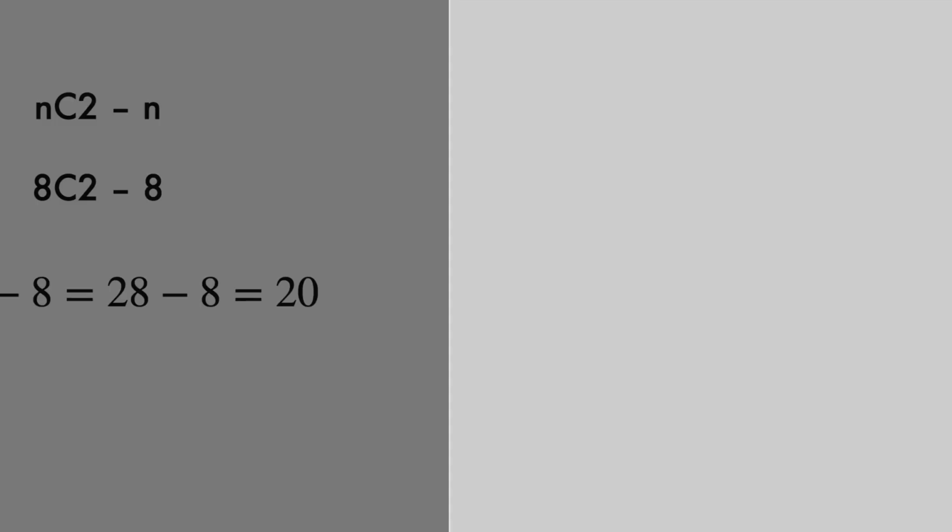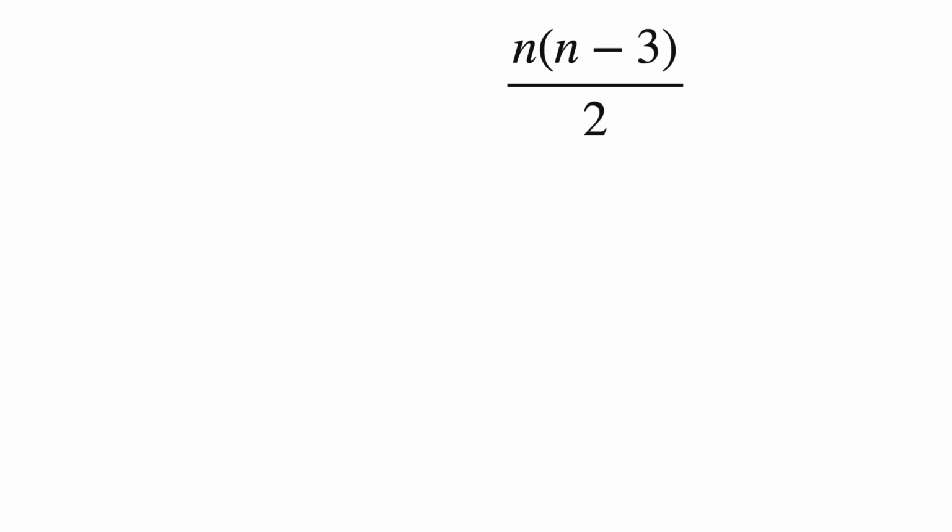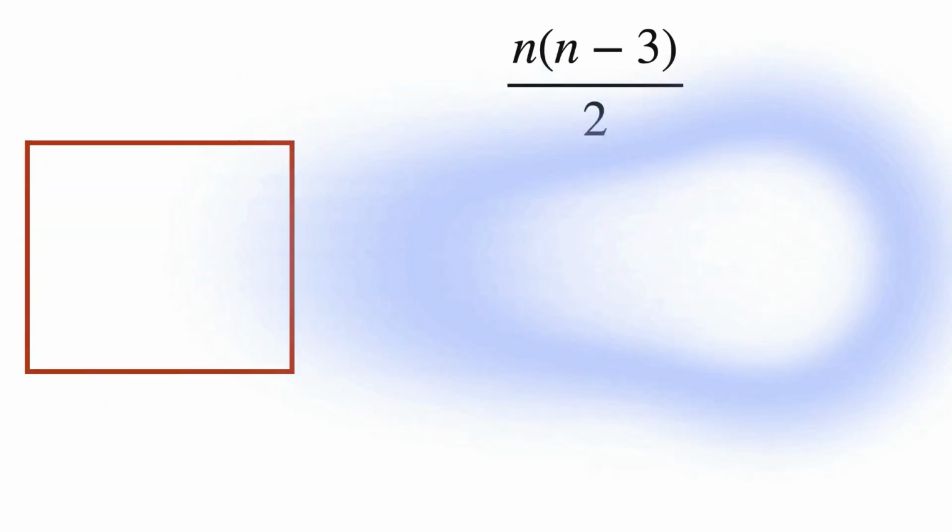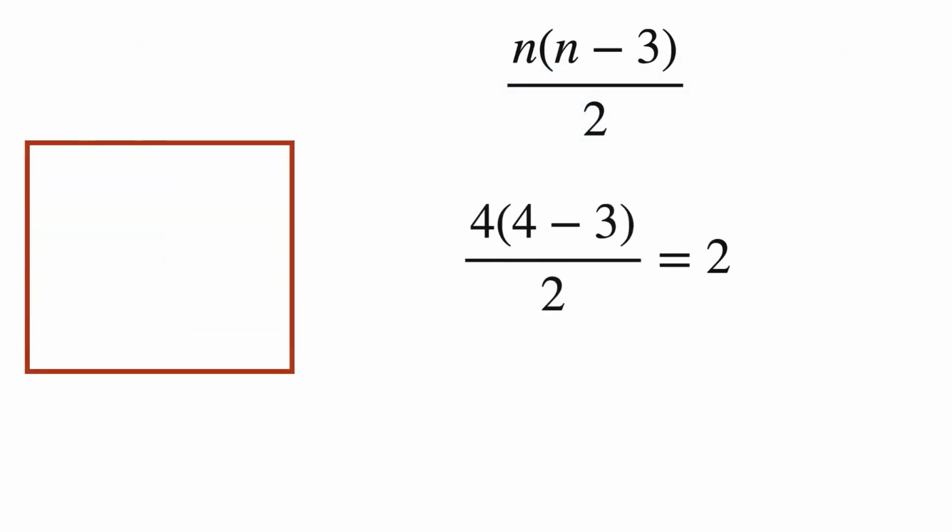There is another way which is easier compared to this technique. The number of diagonals of an n-sided polygon can also be calculated using the formula n times (n minus 3) over 2. For example, in a square, there are 4 vertices. In this case, n becomes 4. Hence, after substituting, the number of diagonals possible in a square is 4 times (4 minus 3) over 2, which is equal to 2.